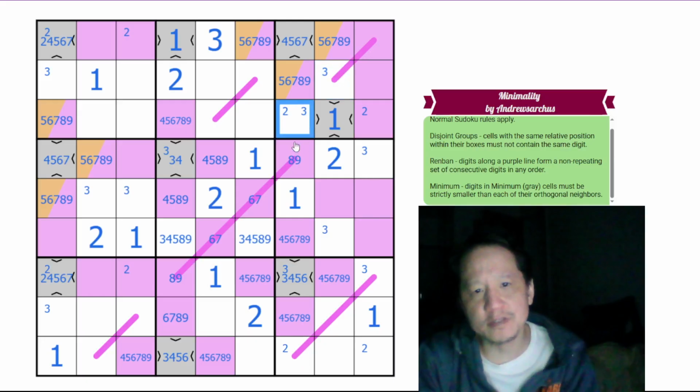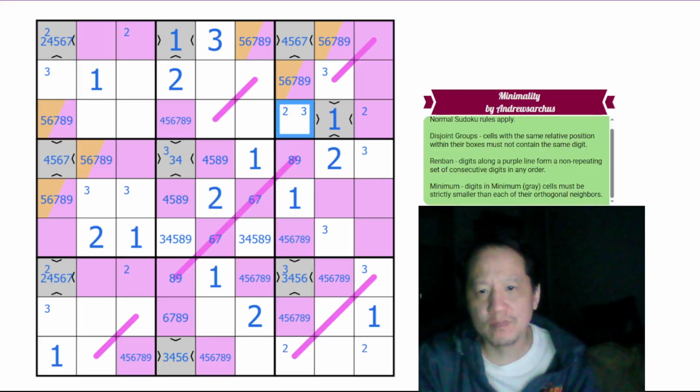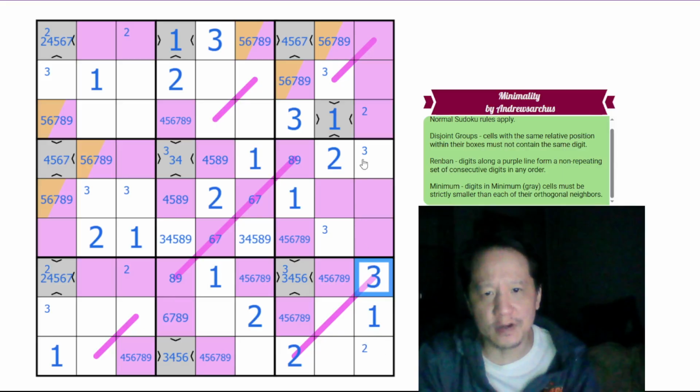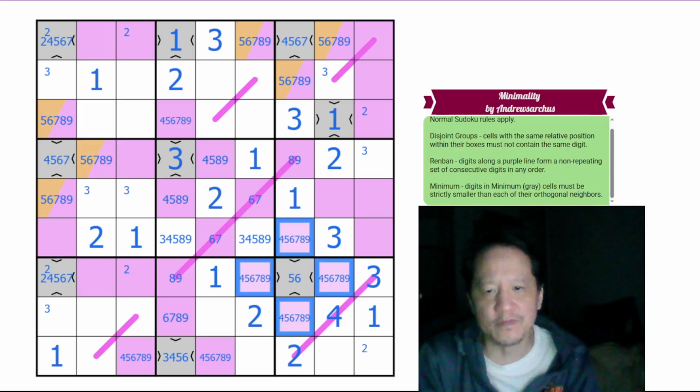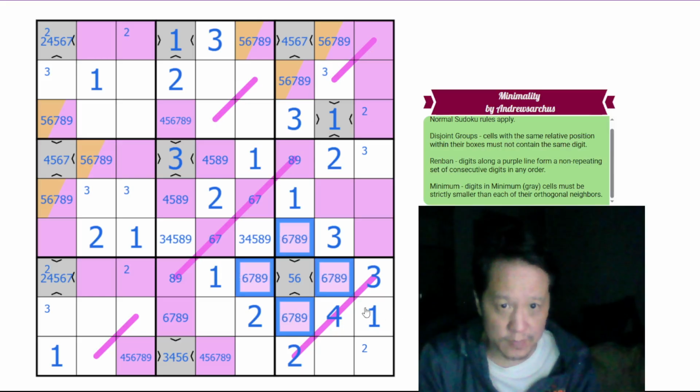Okay, what happens if this is 3? If we have 3 there, that's 2. This has to be 3 there, which means this can't be 3, so that's 3, which means that is a 3 there. This is 2, 3, and 4, so this cannot be 3 or 4. Therefore, this can't be 4 or 5, because they have to be greater than 5 or 6.